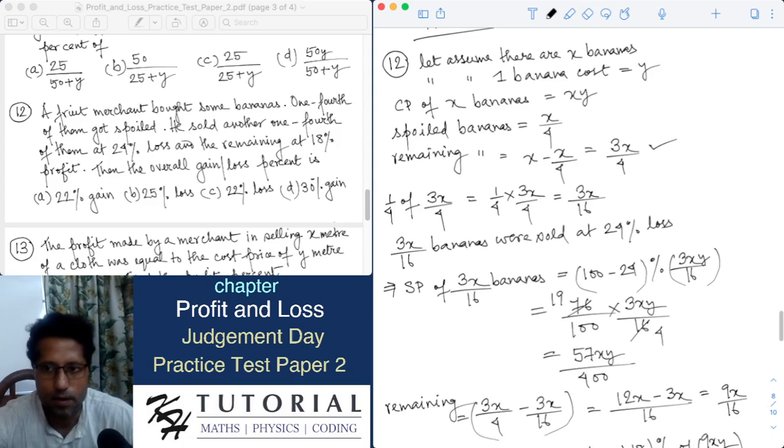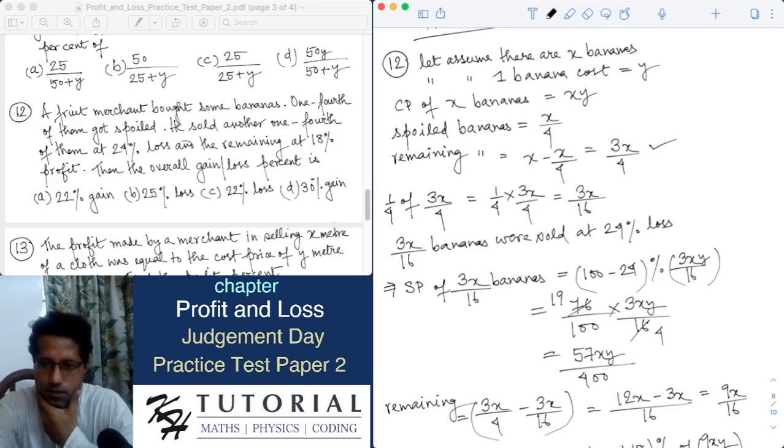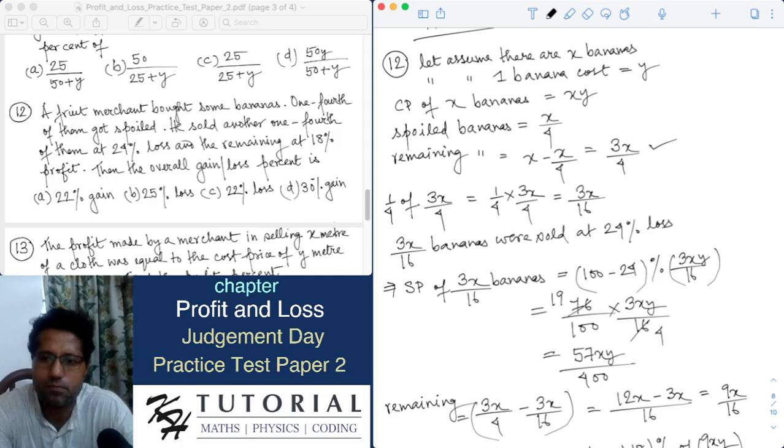Fine. And from this 3x by 4, he sold another one fourth of them at 24% loss. Now one fourth of 3x by 4 is 3x by 16. These 3x by 16 bananas were sold at 24% loss, which means the selling price of 3x by 16 bananas should be 100 minus 24%, that is 76% of the cost price of the 3x by 16 bananas, that is 3xy by 16.